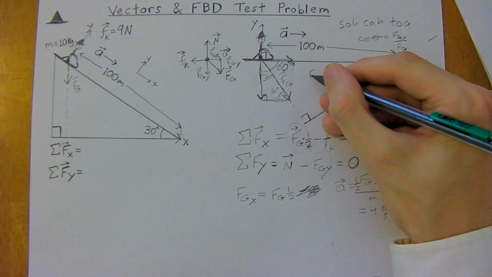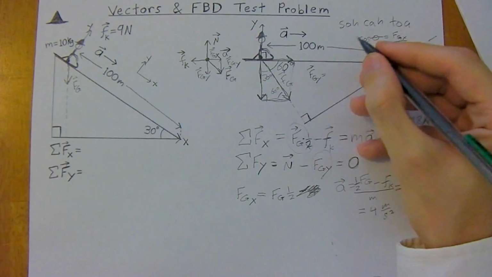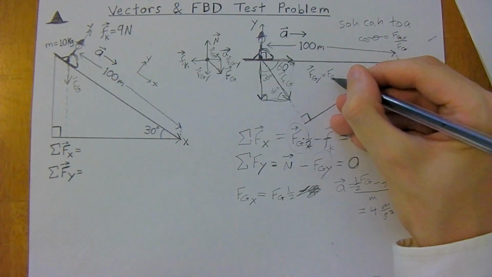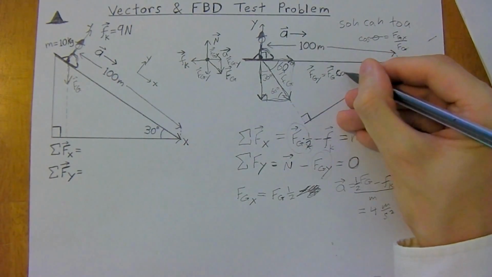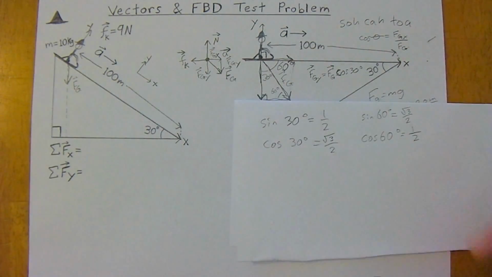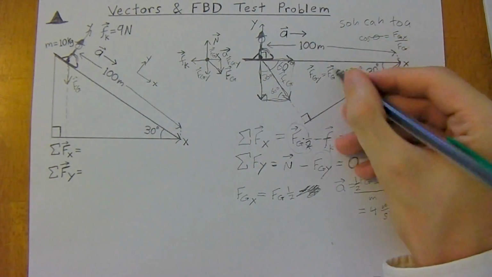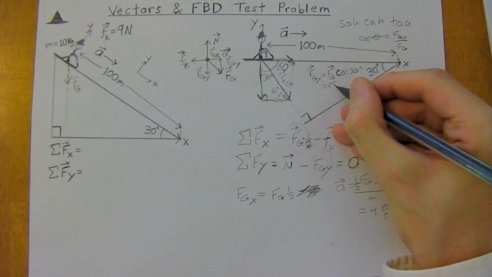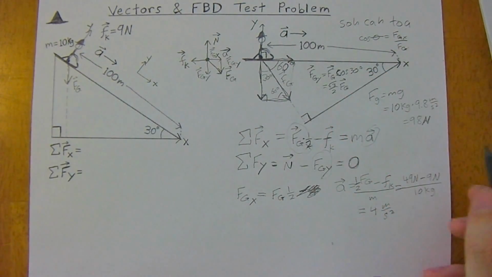The force of gravity in the y direction is equal to the force of gravity, the hypotenuse, times the cosine of 30 degrees. And cosine of 30 degrees is root 3 over 2. So this is equal to root 3 over 2 times the force of gravity.